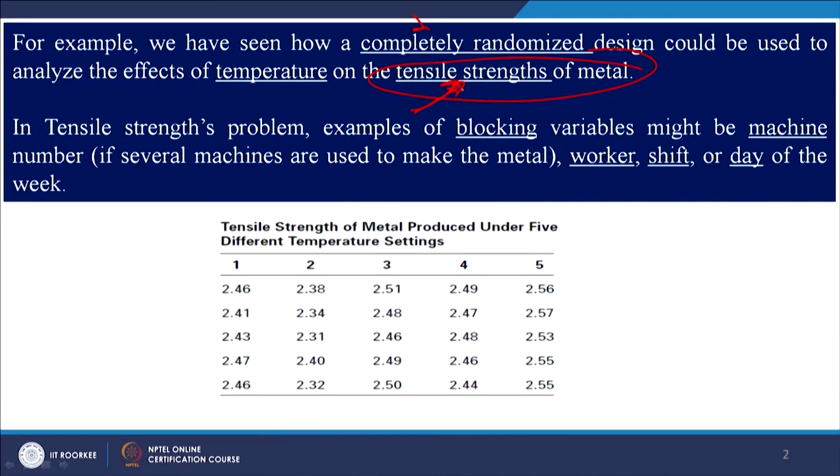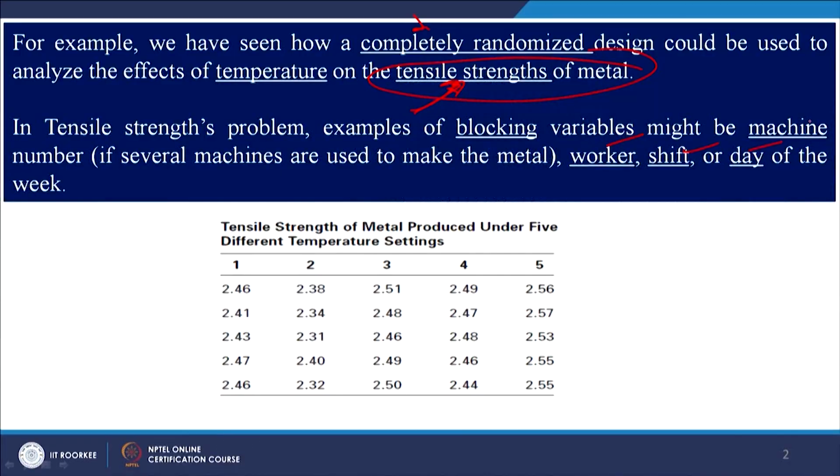So, there are several confounding variables which affect the tensile strength, which we have not controlled in the first part of experimental design, which was completely randomized design, right. You can have several such confounding variables which would be affecting the dependent variable apart from the independent variable, right.